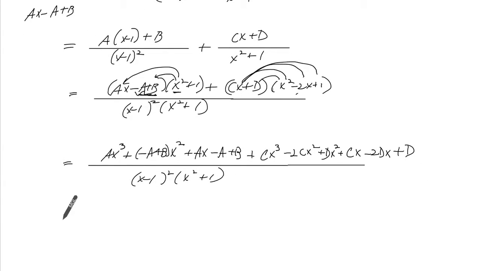And then we need to collect the x cubes together. So x cubed, that gives you A plus C x cubed.